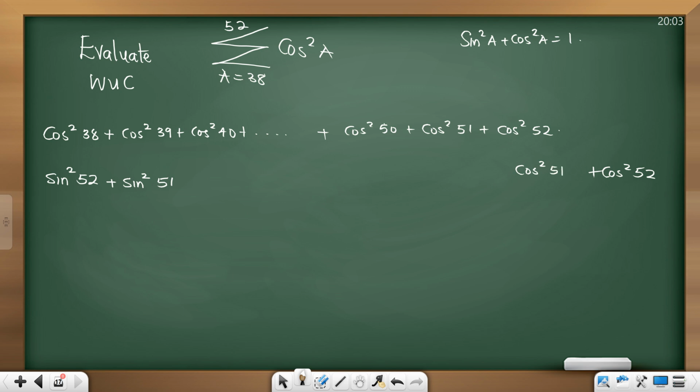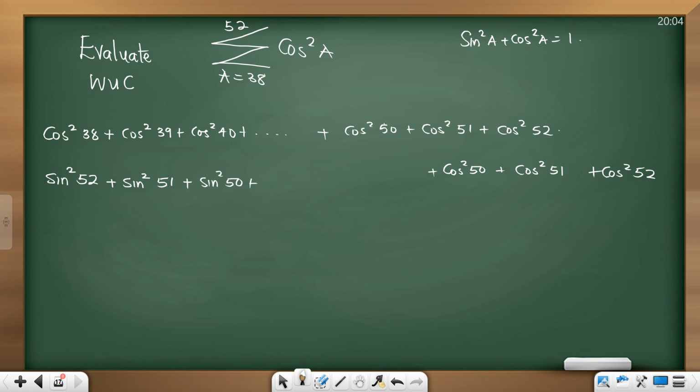I have another one. Co-functions. I have the third one: cos squared 40, which I change to sine squared 50, and I have cos squared 50 at the end. Can you see another one?